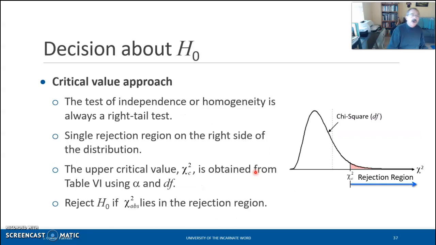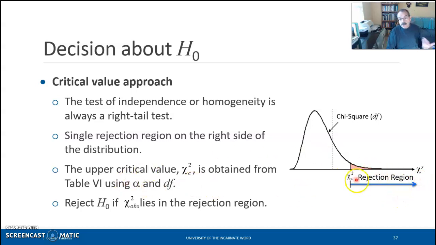All right, once you calculate the test statistic, if you decide to follow the critical value approach to make a decision about the null hypothesis, either of a test of independence or a test of homogeneity, then because they are always a right-tail test, you know that the rejection region is on the right tail of the chi-square distribution.